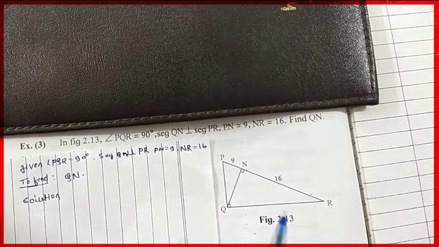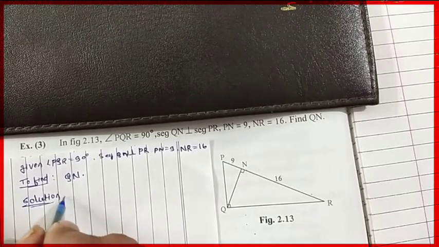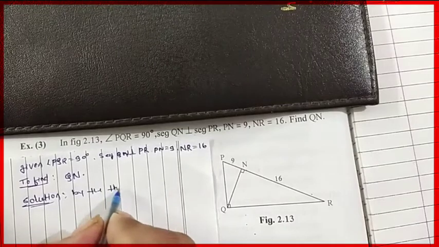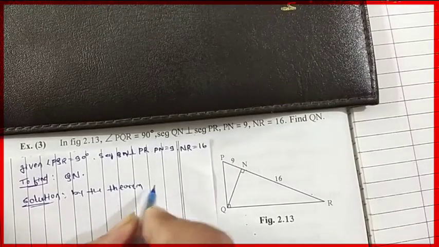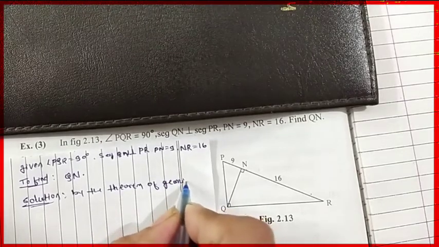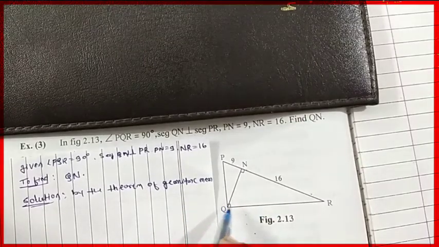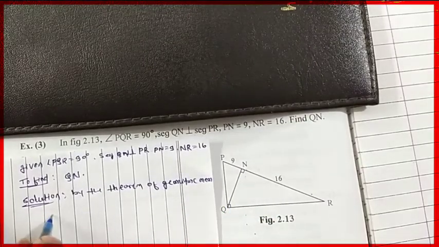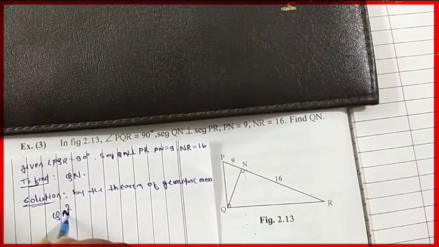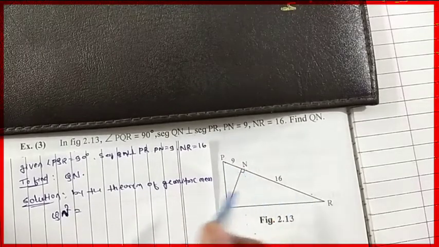So by the theorem of geometric mean, we can write that QN square equals PN into NR.